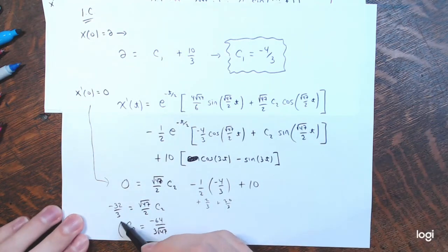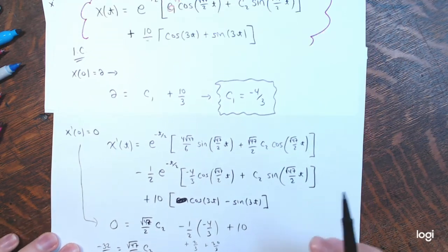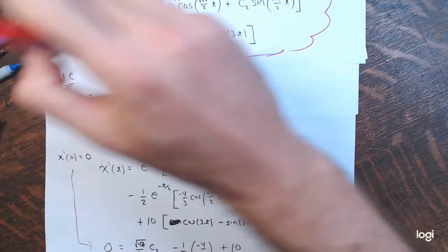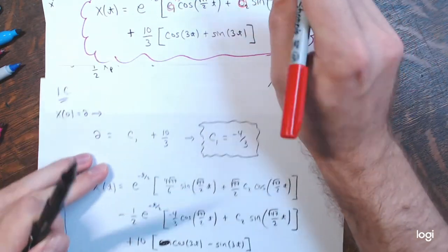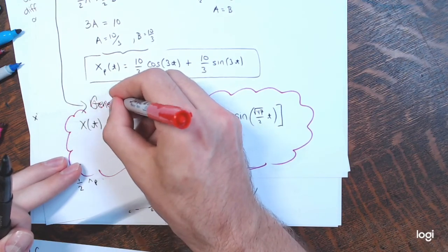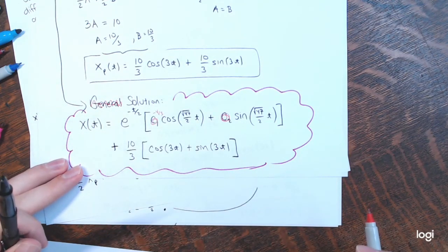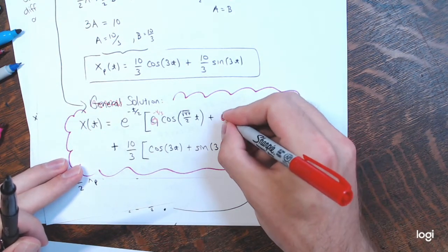And I put this in for C2 and we get our final solution, and I'll just do it here. So now the final solution, the solution of the initial value problem, is our equation of motion.